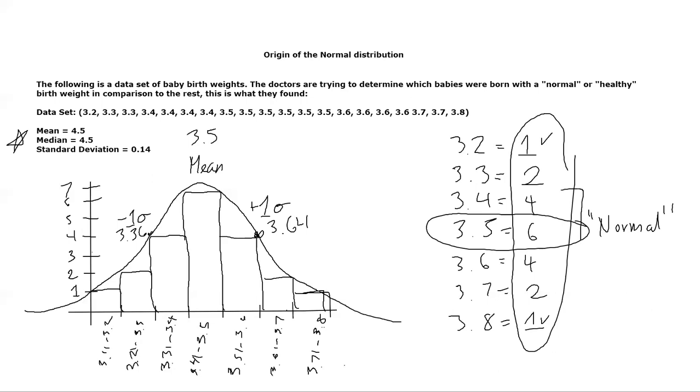That's this whole section right here. They're considered, I guess, quote unquote normal, right? They're fine. That's the weight that we expect to see, anywhere between them, right? If they're born within 2 standard deviations, in either direction, right? They're less normal or abnormal, right?